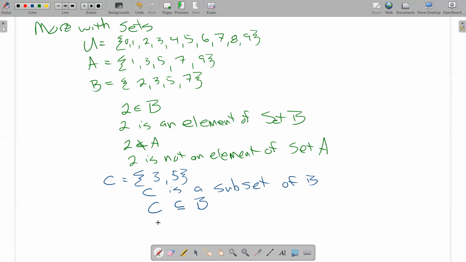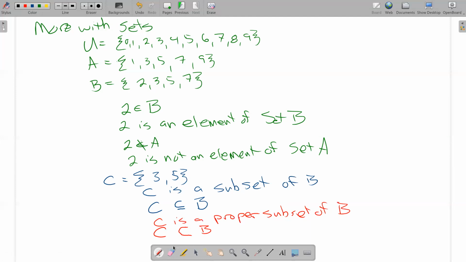If I just wrote, let's pick a different color, C with a sideways U, B, that means C is a proper subset. Meaning it's smaller than B. It doesn't have all the elements that B has. So the sideways U on its own is a proper subset.